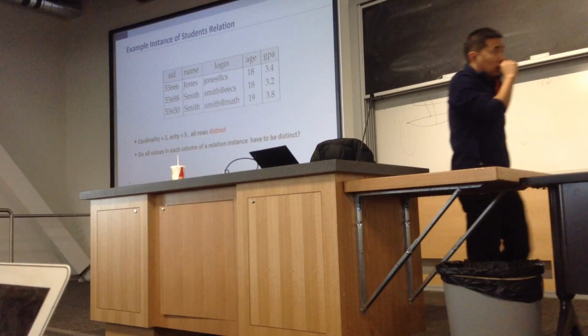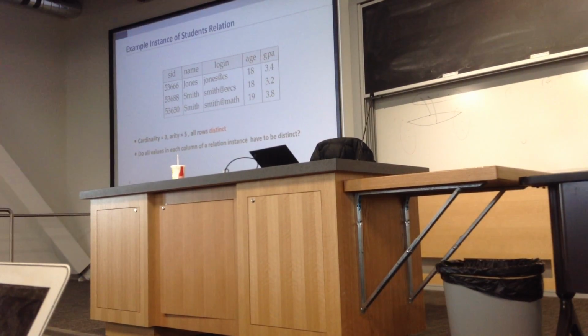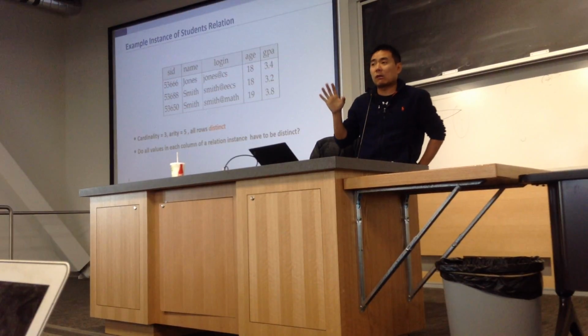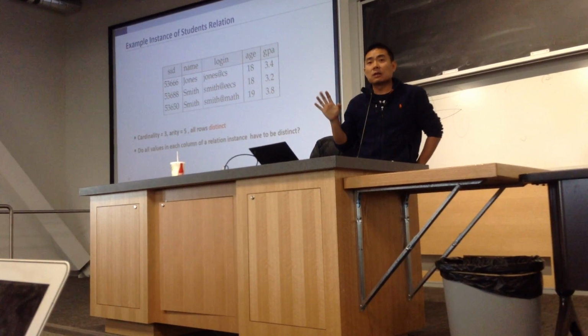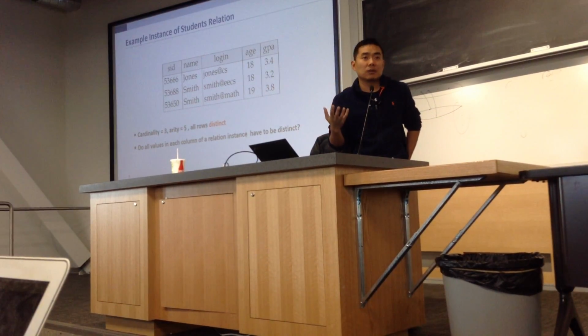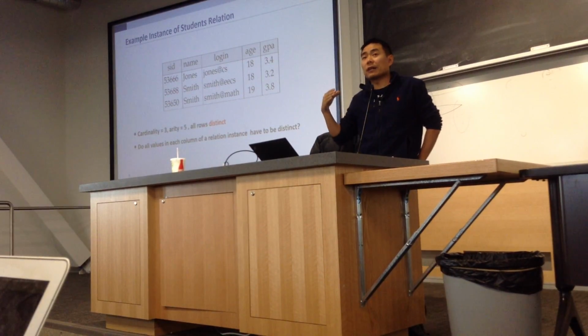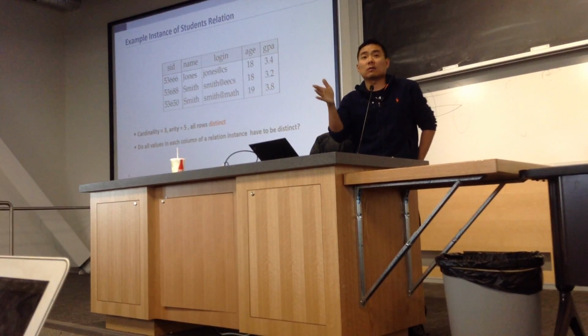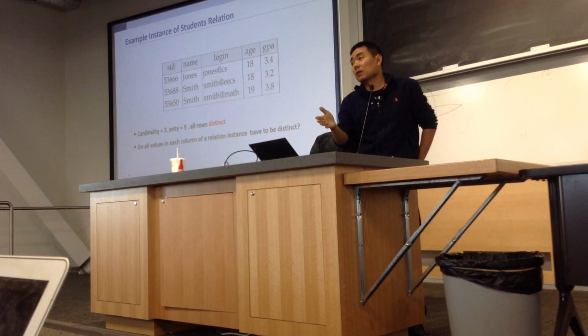One thing that's important for the relational model is that all rows, or all records, or all tuples must be distinct. This is actually fairly easy to understand. You don't want to store the same object twice in your database, right? The same student record, you don't want to duplicate that. Why would you want to do that?